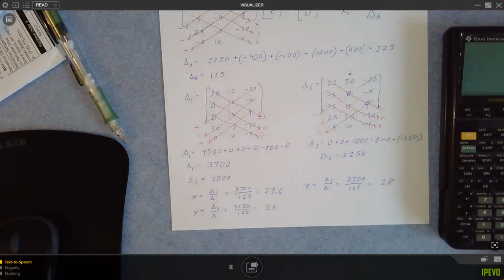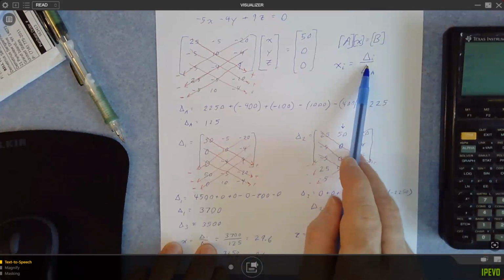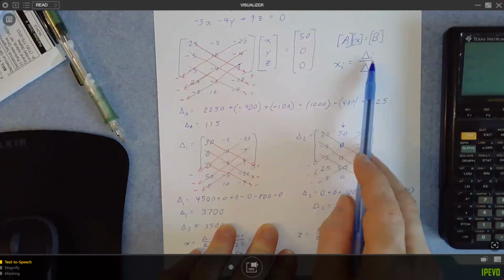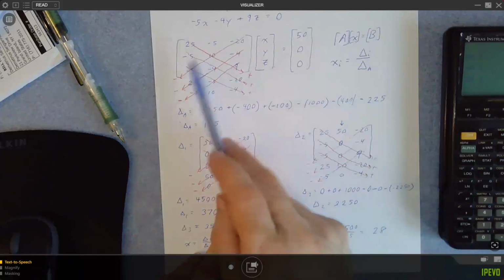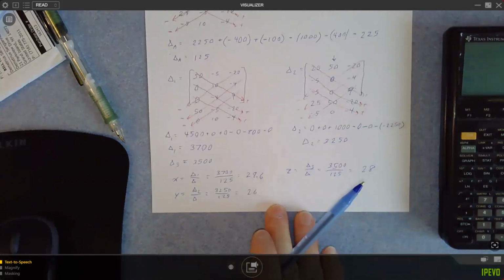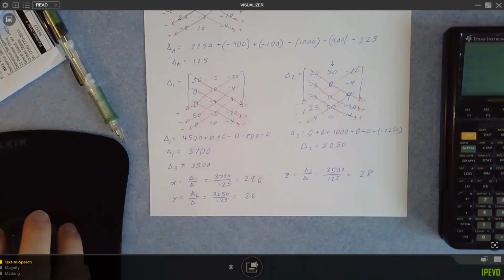If you read this in a textbook, it tells you delta is the determinant of the matrix A, and delta i is the determinant of the matrix formed when you replace the ith column of A by B. That's all we're doing. So that's Cramer's rule. That really helps you solve simultaneous equations.